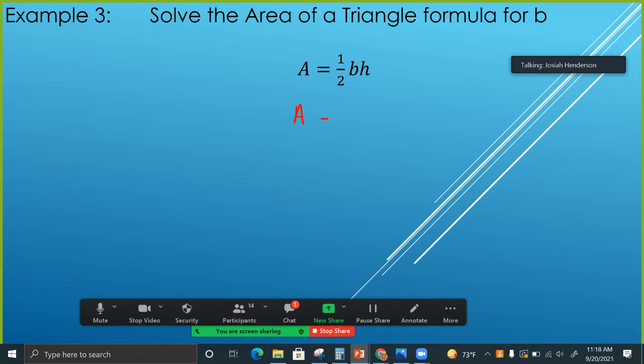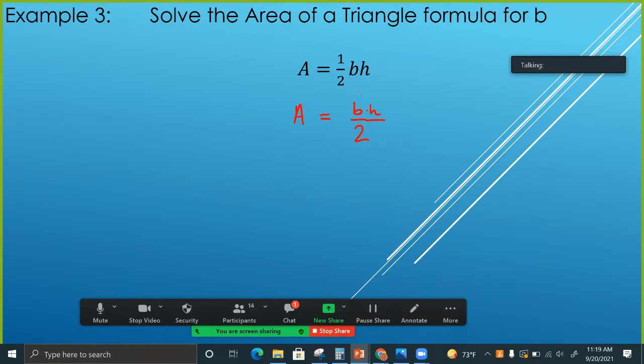So here's what I mean, and this might make it a little easier to see how to get started and solve this one. So if I were to multiply 1/2 to B, that would be B over 2. And then there's still the times H, right? But H times a fraction is going to be H times the number on top, just like B times a half was. So we have B times H all over 2.